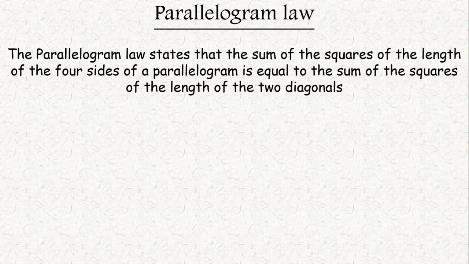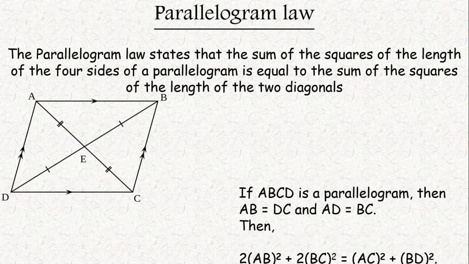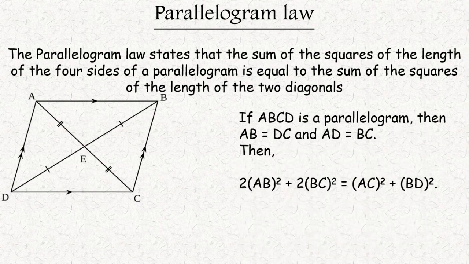Next, parallelogram law. Here the parallelogram law states that the sum of squares of the lengths of the four sides of a parallelogram is equal to the sum of squares of the lengths of the diagonals. That is, if ABCD is a parallelogram, AB is equal to DC and AD is equal to BC.